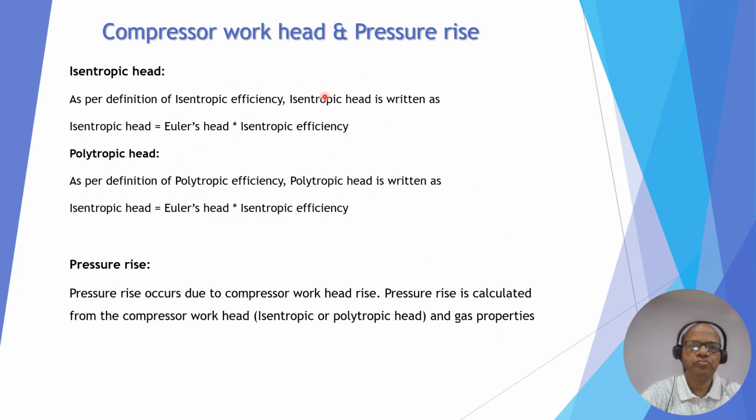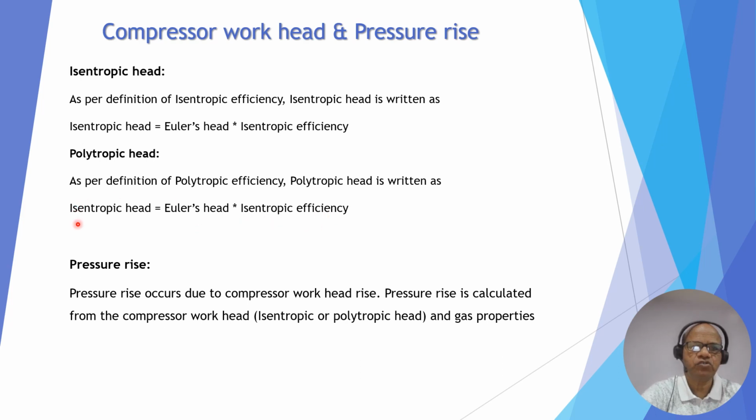Isentropic head we know, because the compressor can generate isentropic head. So once isentropic head is calculated, how do we get Euler head? Euler head is isentropic head divided by isentropic efficiency. Euler head is nothing but enthalpy change. Similarly for polytropic head, oh sorry, the same thing is written here, but correctly it should be written as polytropic head is equal to Euler head into polytropic efficiency.